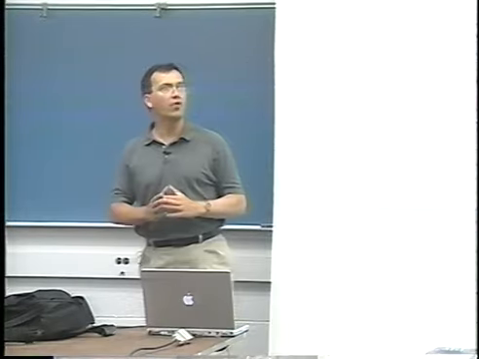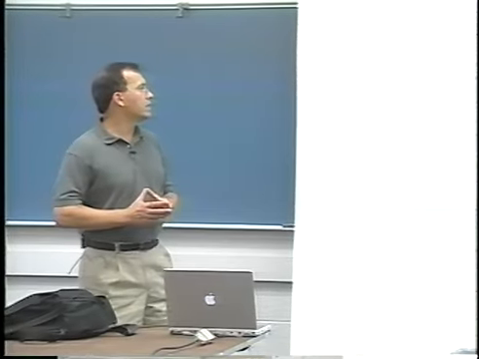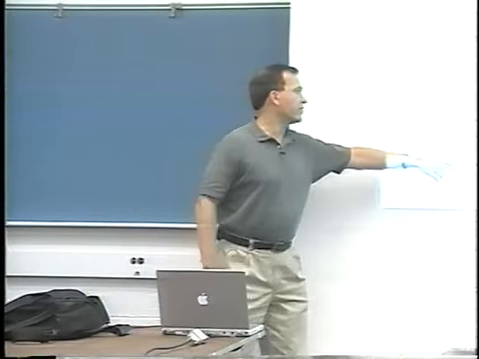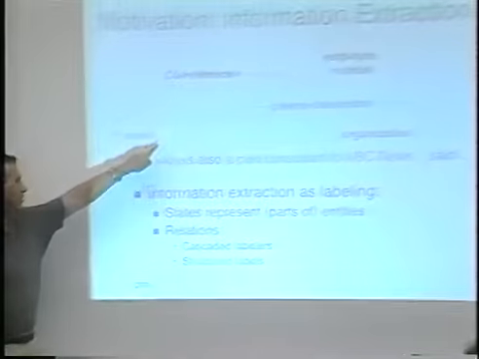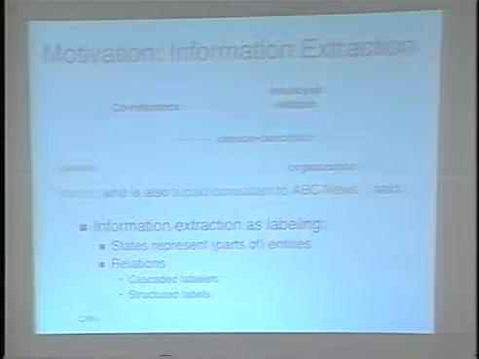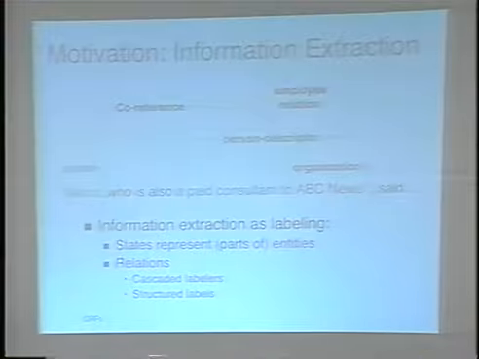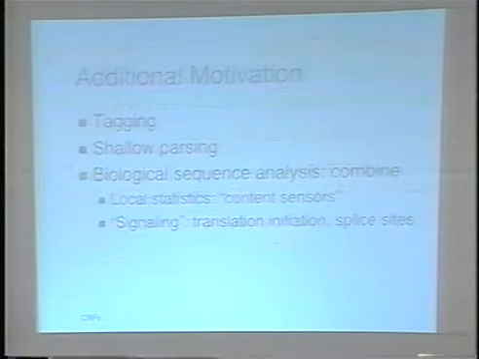I won't be talking about that. Or you might use certain structural labels, where the label doesn't say just that it's a person, but that it's a person that is related to something else. But as I say, I won't be talking about those details. I'm just focusing on this problem of sequence labeling.